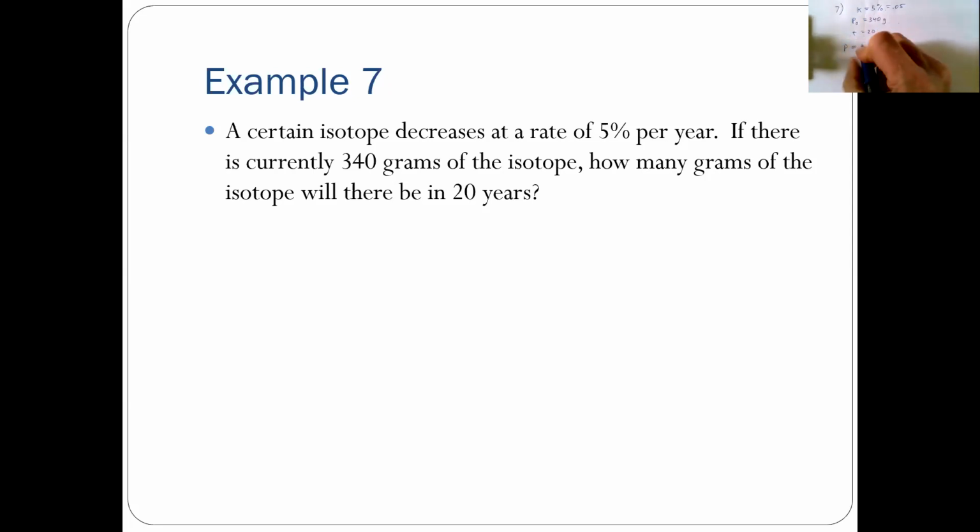If I set this up, it'll be P equals P0 times e to the negative kt. So that will be 340 for P0, negative 0.05 for the rate, and 20 years for the time. So 340e, and again, we work out the exponent. Negative 0.05 times 20 comes out to negative 1.